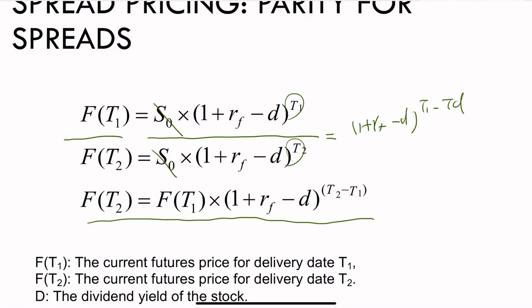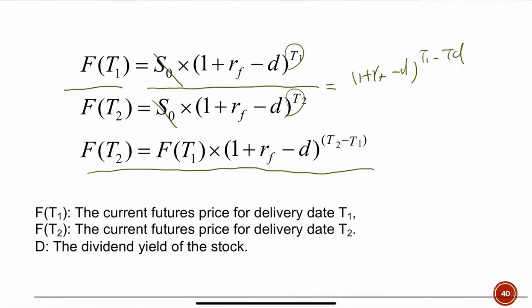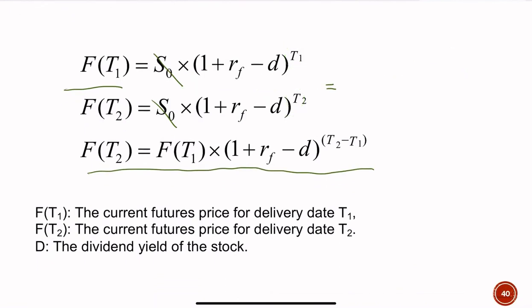This relationship basically tells you that if we have different contracts and their delivery dates are different, how we should relate their prices, right? And you can see that we're getting some sort of similar results as we got in the spot futures theorem.